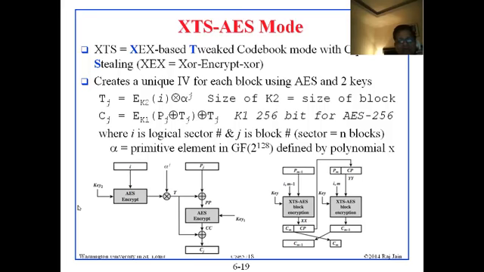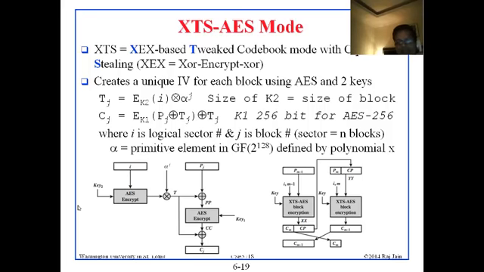So what this allows is that everything can be read in parallel. If you know i and j, and if you know key 1 and 2, then you can just create Tj and you can go backwards from Cj to Pj. Right?